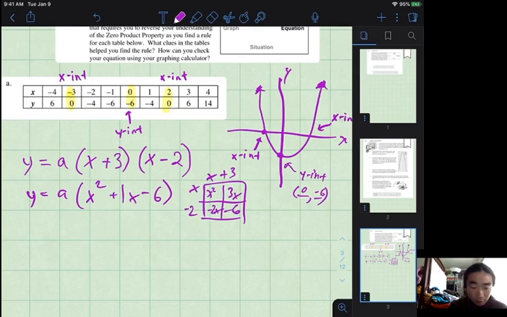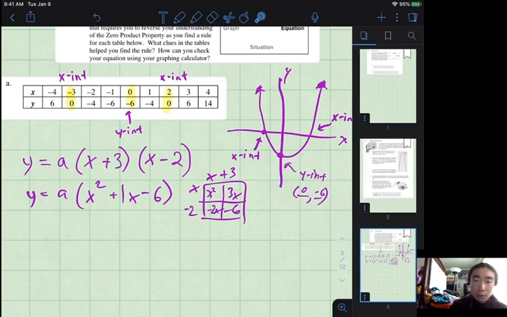And now we've got to think, okay, we have lots of choices. We know all these points are points on your parabola, including the y-intercept. So you can choose any of those to figure out what the a value is, and it may end up being 1. That's okay. We'll just demonstrate this process.